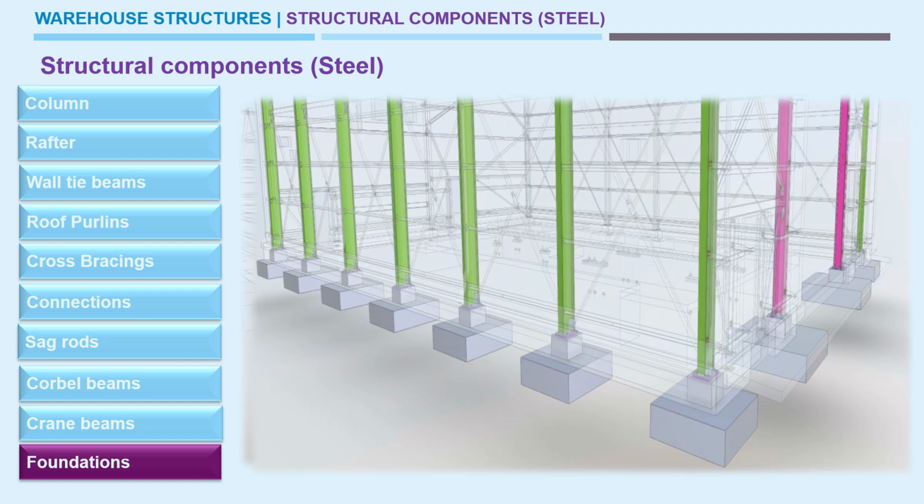In the width direction we can see these two pink color columns. These columns act like wind posts. Opposite to this in the width direction there should be two more columns, or a single column, which also acts like a wind post. So accordingly the foundations should be placed for the wind posts also.